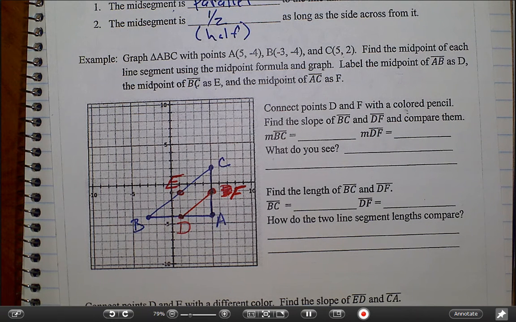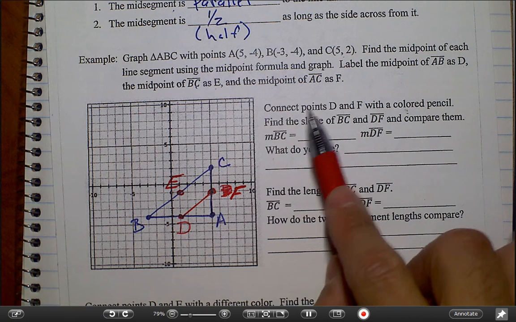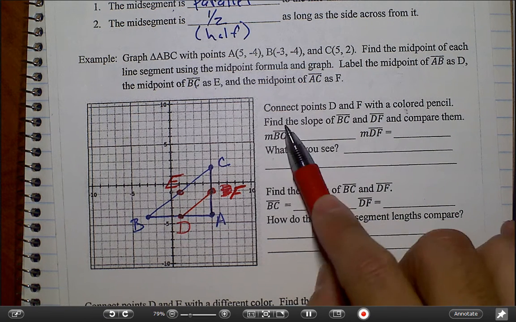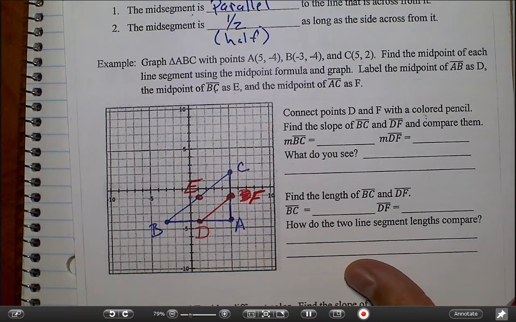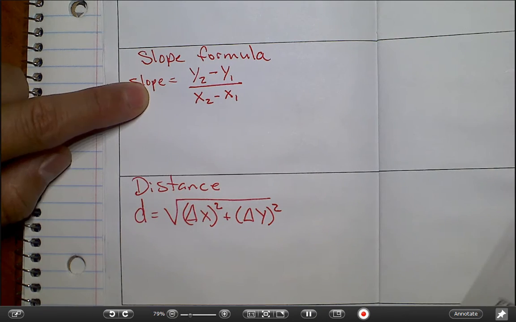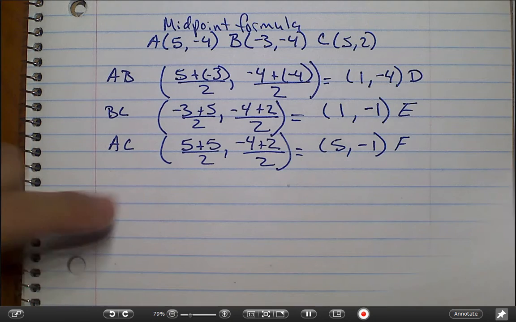Now that we have all this here, it says find the slope of BC and DF. We wrote down the slope formula here, and we're going to use that right now.